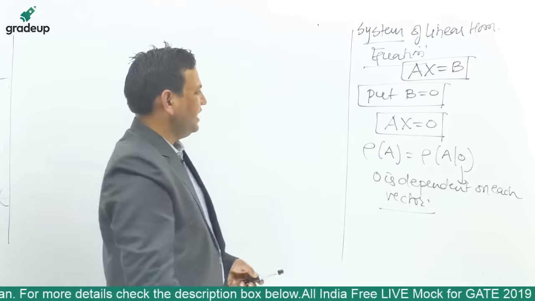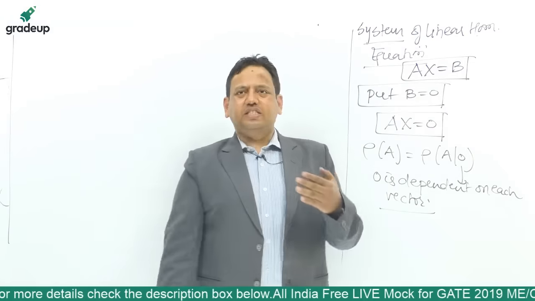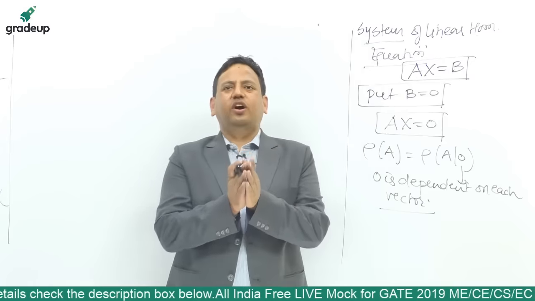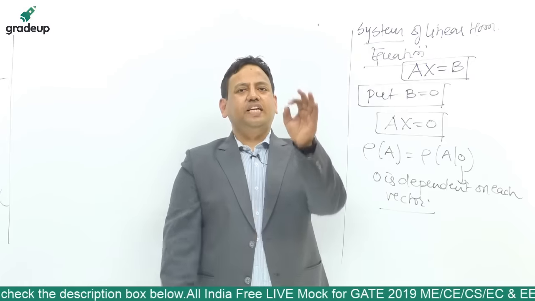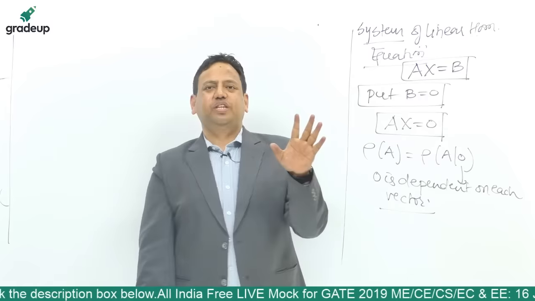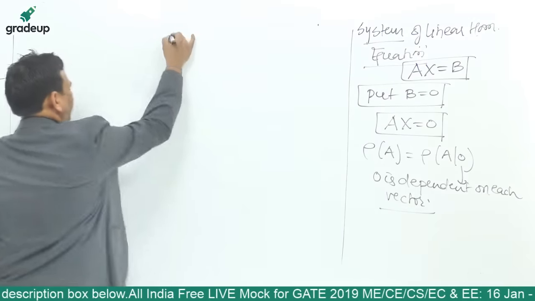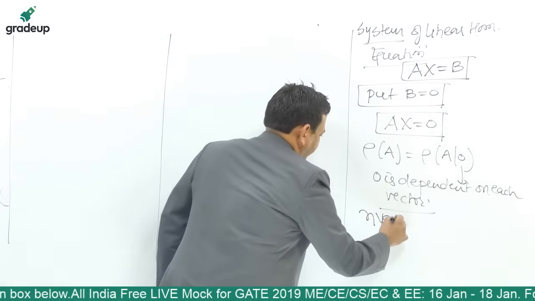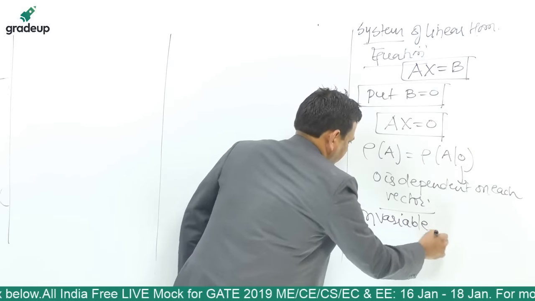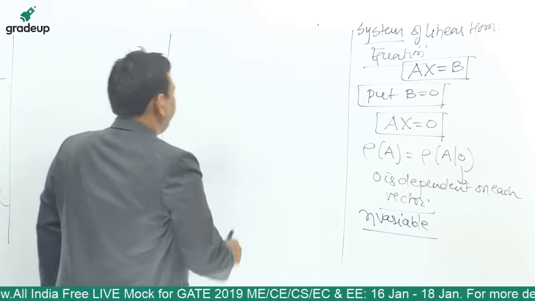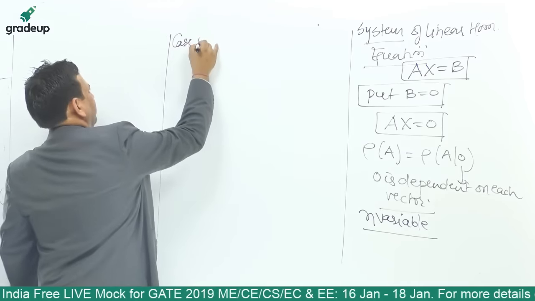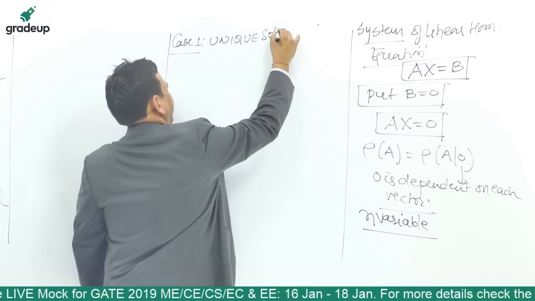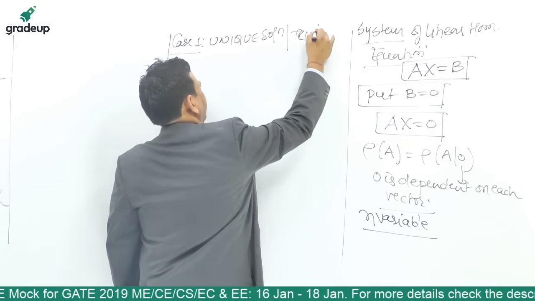So in a system of linear homogeneous equations, there is no case of inconsistency; it is 100% consistent. Now there are only two cases. Suppose there are n variables. Case 1: unique solution, which we call the trivial solution.